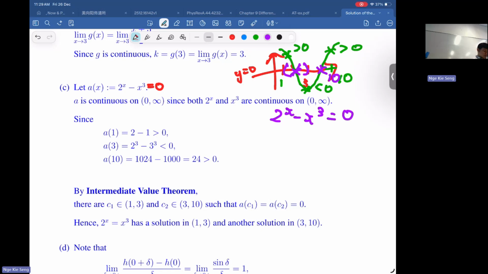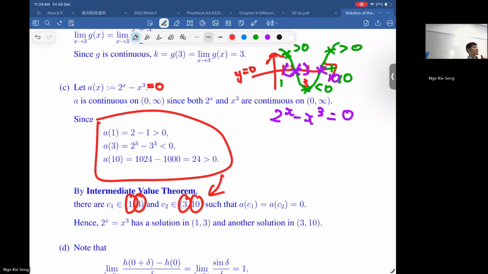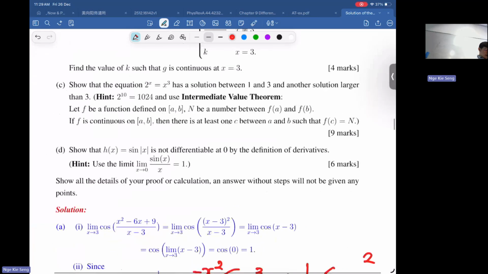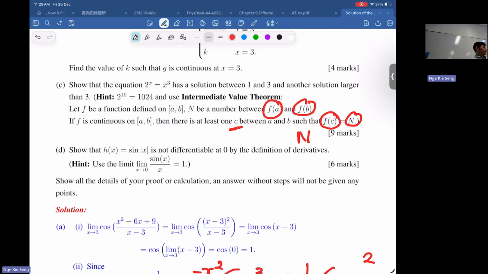The point here is you need to figure out this 1, 3, and 3, 10, and what their values are there. Because the intermediate value theorem tells you what? You have at least a number c such that f(c) equals n, and this n is between f(a) and f(b).